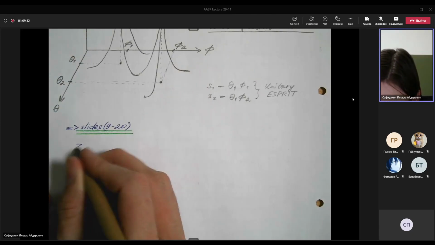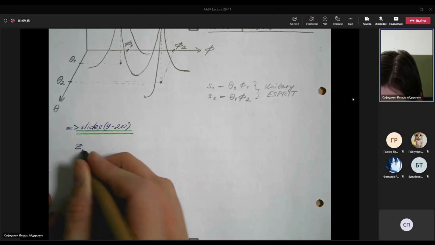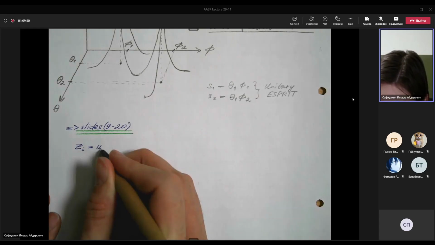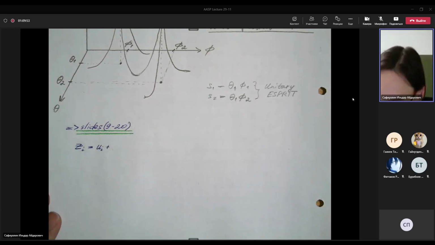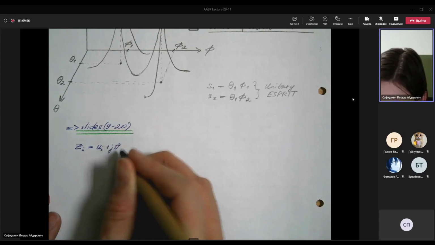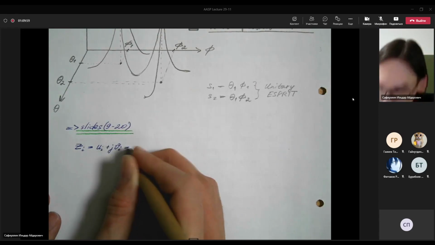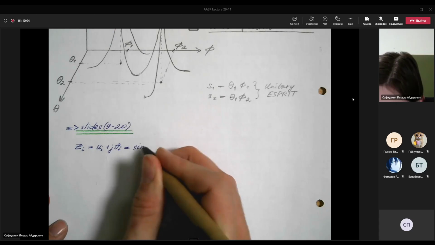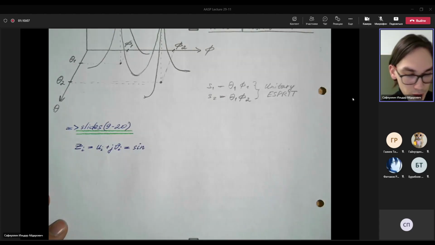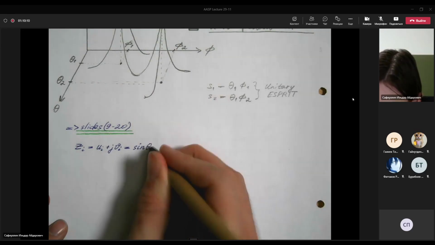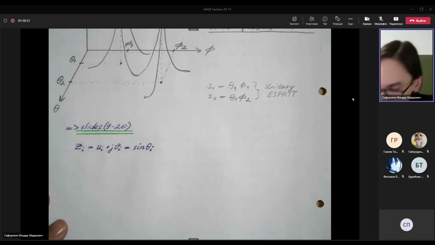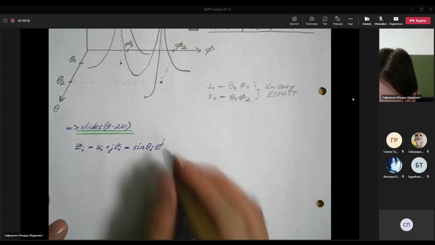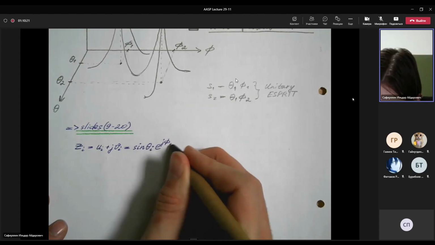So we introduce z sub i, which is equal to u sub i plus j times v sub i, which is equal to the sine of the co-elevation angle times e to the power of j multiplied with phi sub i.